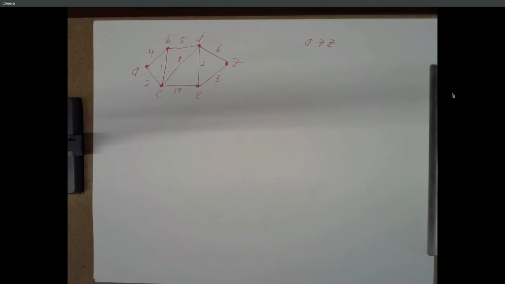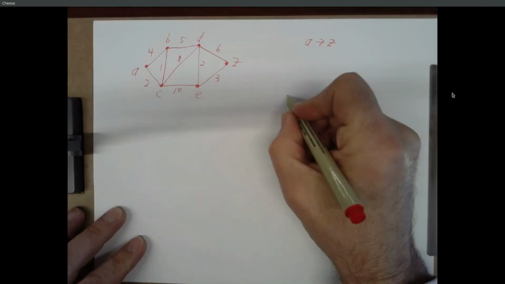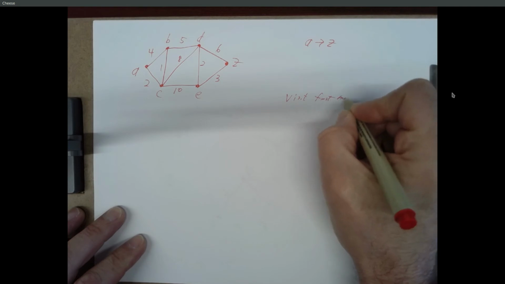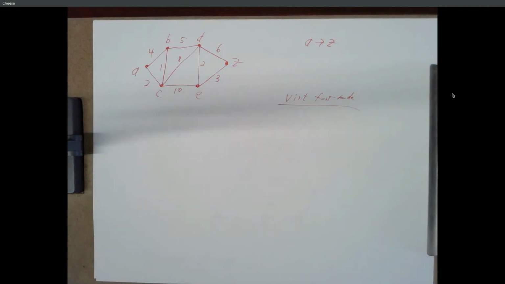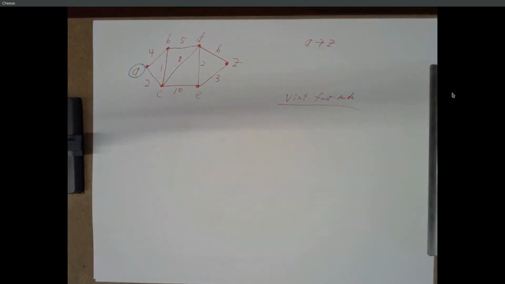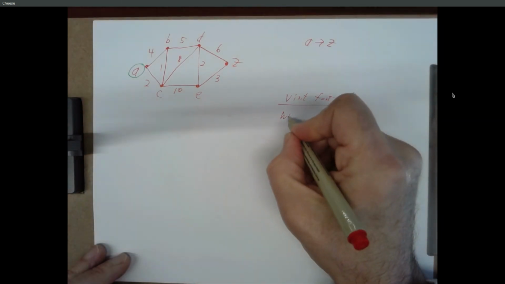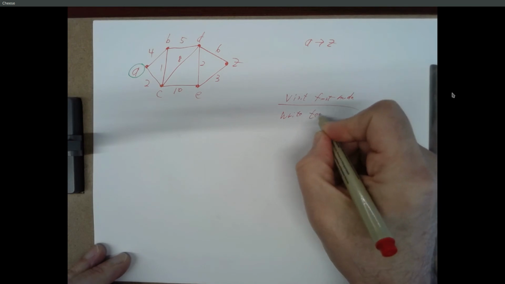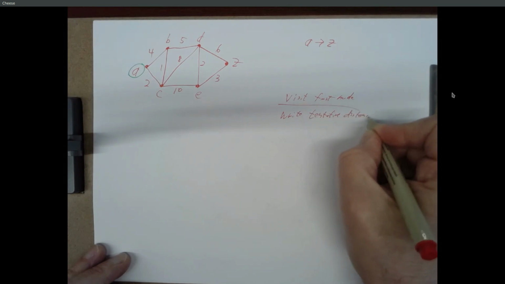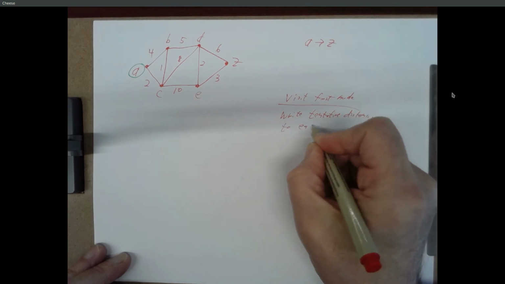So here's what we do. Visit the first node. Visiting a node means drawing a green circle around it. We're going to begin with a node that we're coming from. Write tentative distances to each vertex.